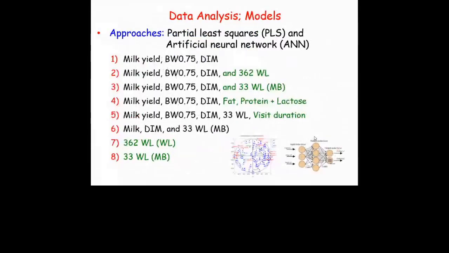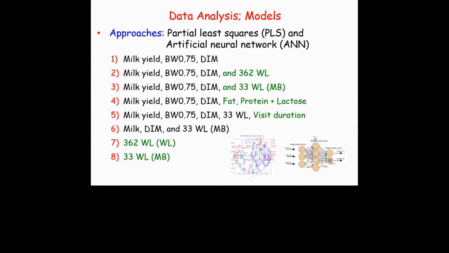So the traditional models use the milk yield of the cow, the body weight or metabolic body weight, that is body weight to the power 0.75, and the days in milk, so stage of lactation. So that's how you predict the feed consumption of an animal. But of course, this is an average for the animals on that specific condition. So we want to look at animal-to-animal variability.